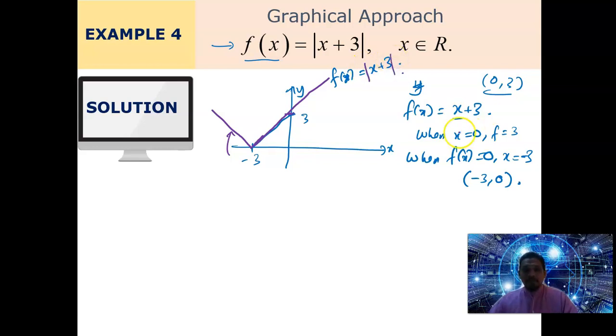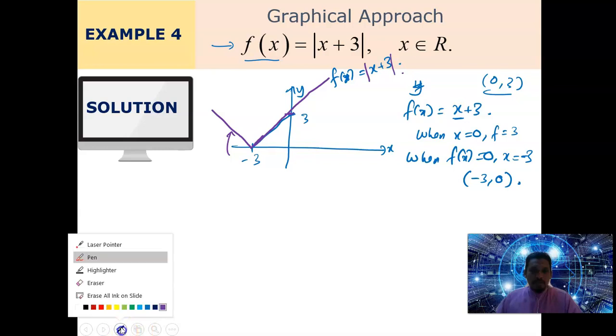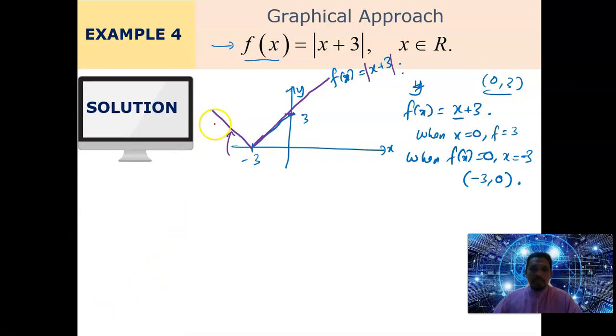Now let's sketch a red line parallel to the x-axis, and we will see at how many points this red line cuts the graph. It cuts here and also here, meaning there are two values of x, x1 and x2, to the one value of y.